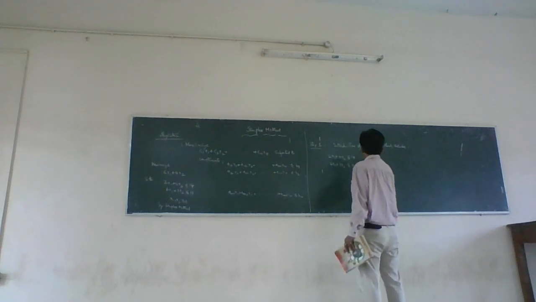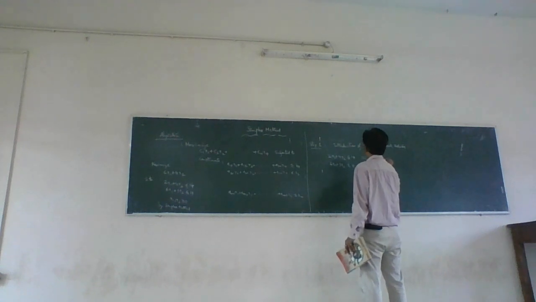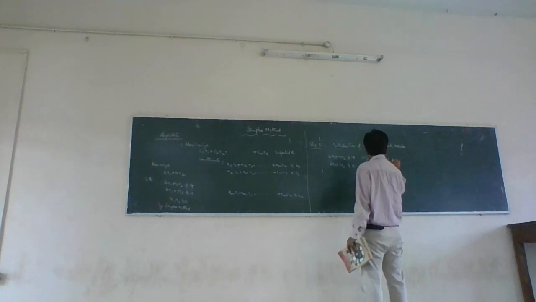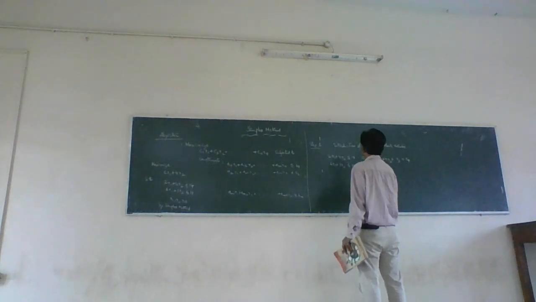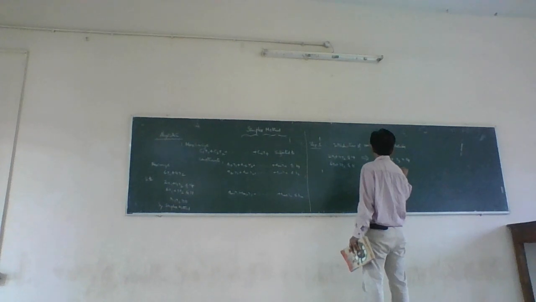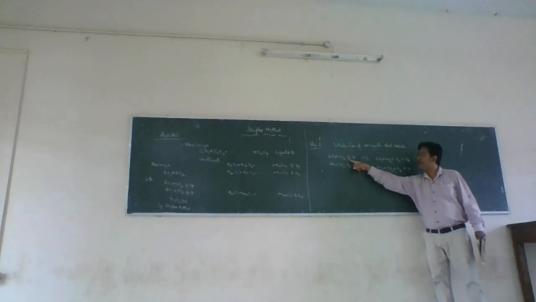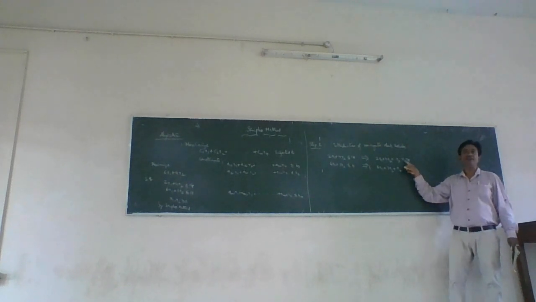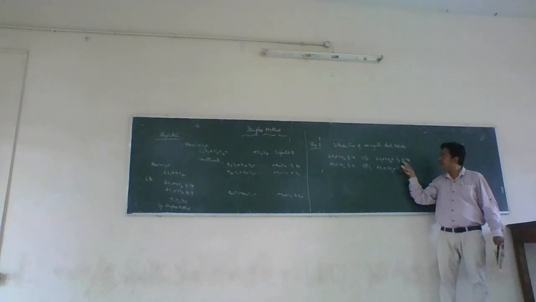These two are converted into equalities by introduction of some slack variable. So this inequality is made into equality by adding some non-negative slack variable.